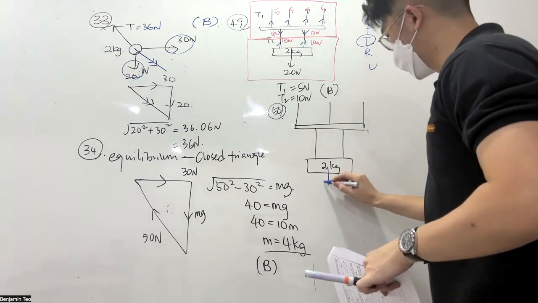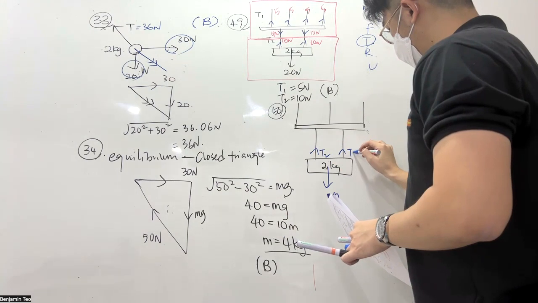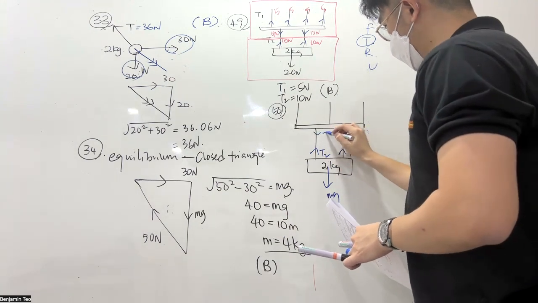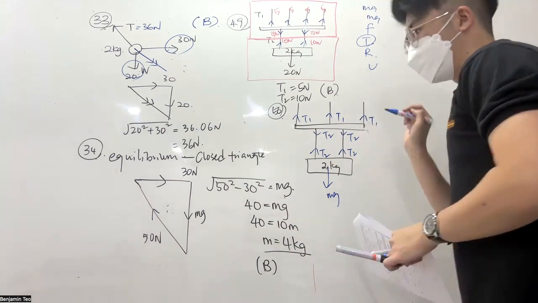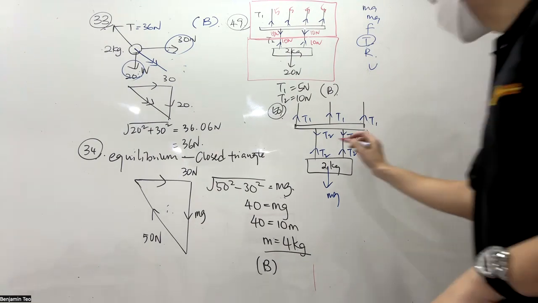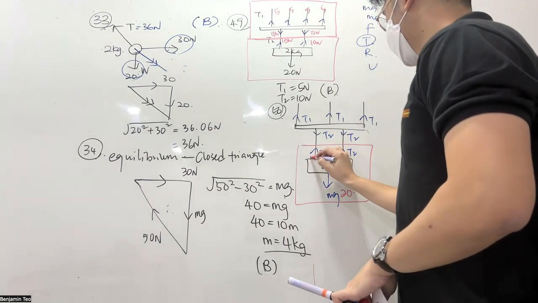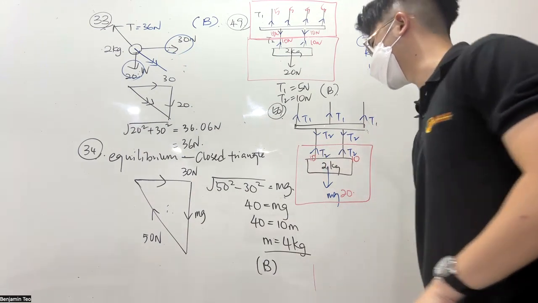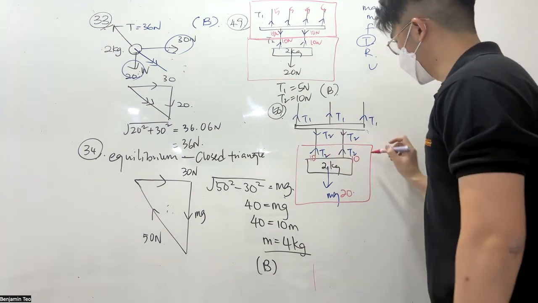Label all forces, mg, T2, T3. 这里一样的 T2, T2, T1, T1, T1. Free body diagram of the first. This is 20, this is 10, this is 10. Now bring it here. You now know what is T2 already.